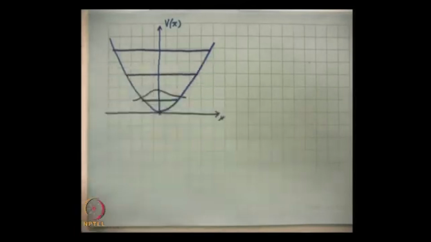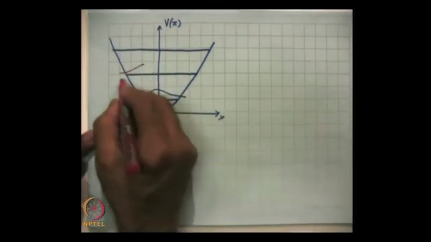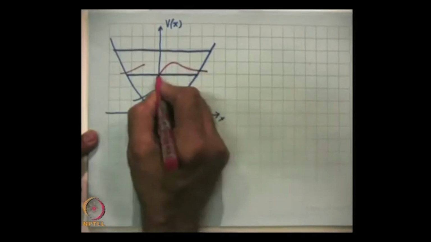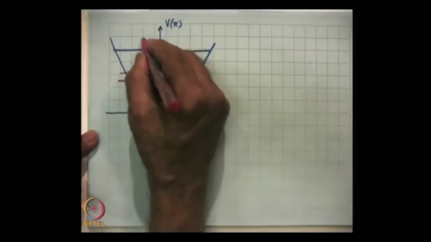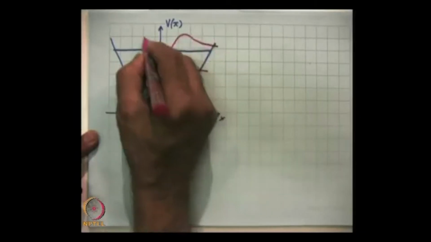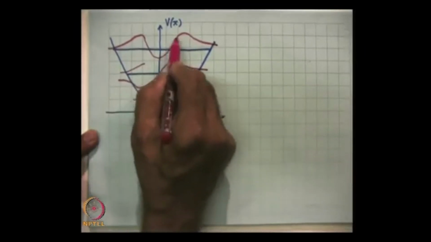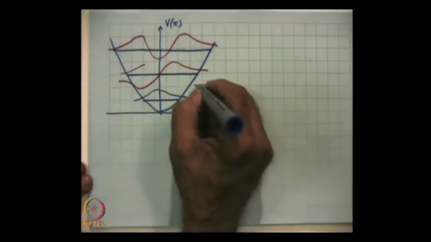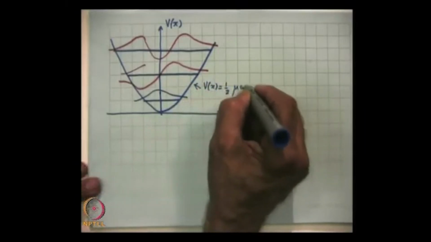The second one is a Gaussian function multiplied by xi, so it will be something like this. And then this will be something like this. These are alternately symmetric, antisymmetric, symmetric. I will prove that theorem a little later. So, this is my V of x equal to half mu omega square x square.